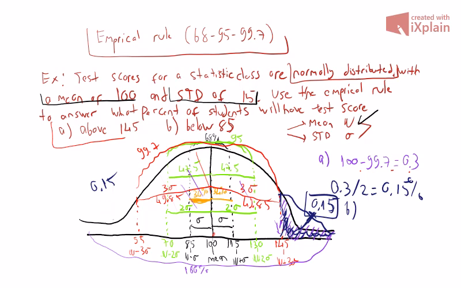Okay, so I guess it's clear. Let me use a different color. I will use yellow this time. Okay, it says below 85. 85 is right here. So it's asking me to calculate this area.